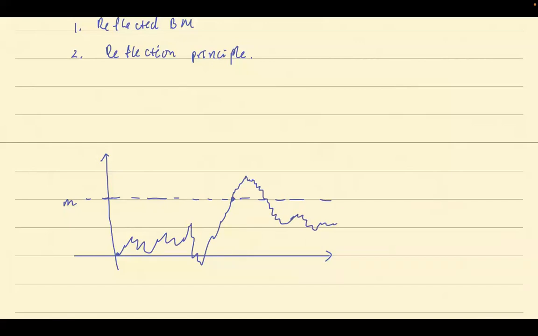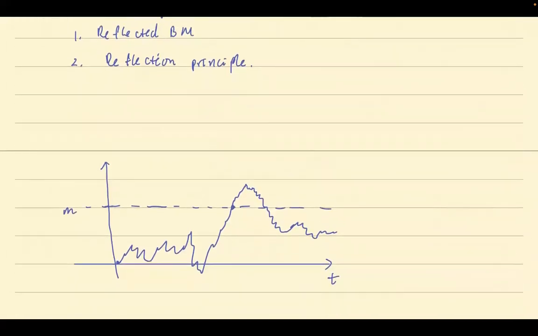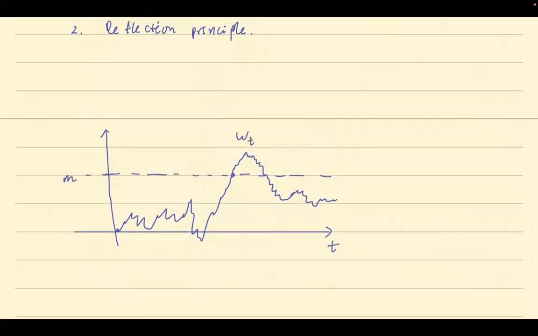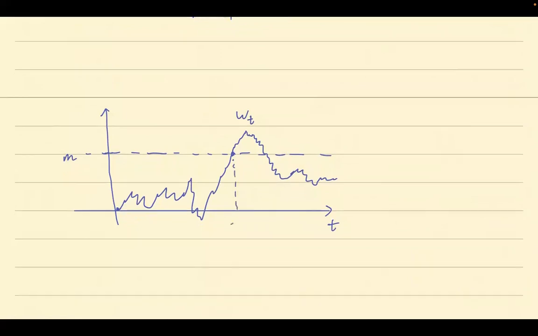So this is T, and this is, let's say, WT. This time right here has a very special meaning for us. That's exactly something we call a stopping time. Tau will be the first time that the Brownian motion gets over the level M.